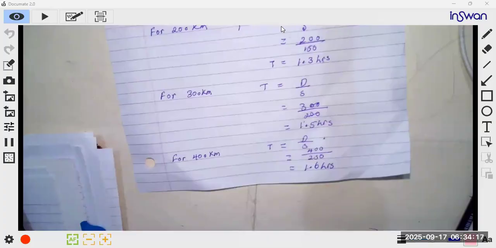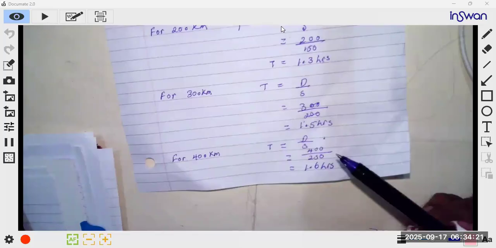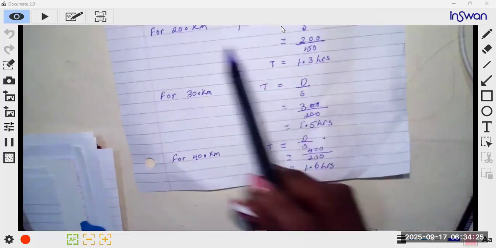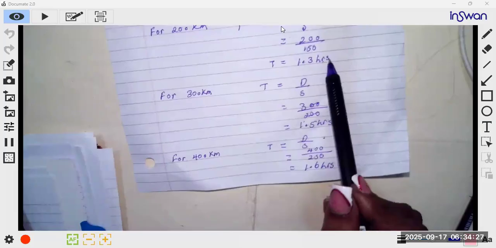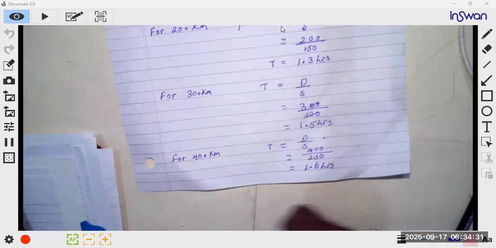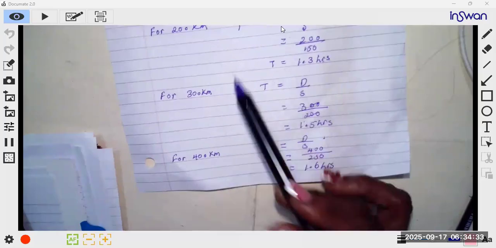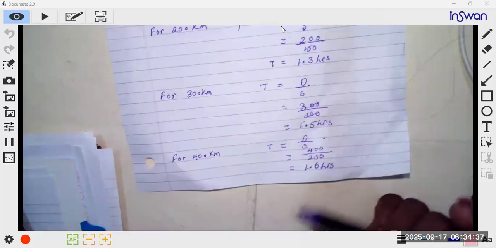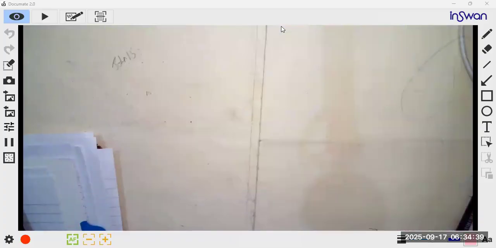Yes, because here now you're adding the time. So it comes like a running total. First of all, I start with 200 and the 1.3. I'm going along the journey, so the total journey so far will be 200 plus the 300. That's how I got the 500. And then this 1.3 plus 1.5 is 2.8. Next, you add that 500 to the other 400.